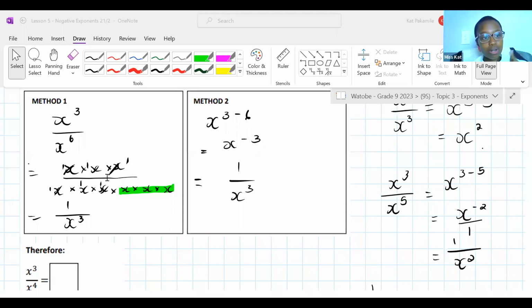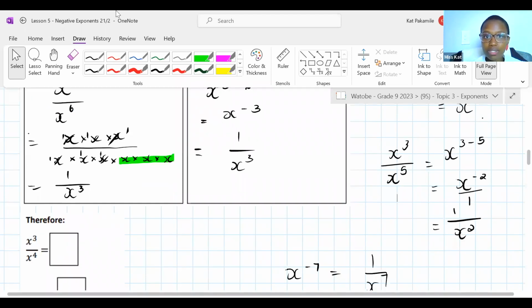Then I wrote it out in expanded form. x cubed is x times x times x. x to the power of 6 is x times x times x times x times x times x, six times. Then you divide each x into each other and you are left with 3 x's at the bottom and 1 at the top, because you divided all of the ones in the numerator and were left with 1 times 1 times 1. Do you understand, fellow? That's the logic, but I don't think you have to know the logic in school. You just have to know that you can move them up or down.